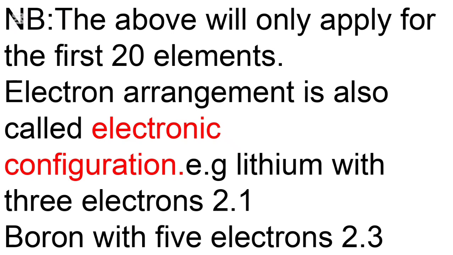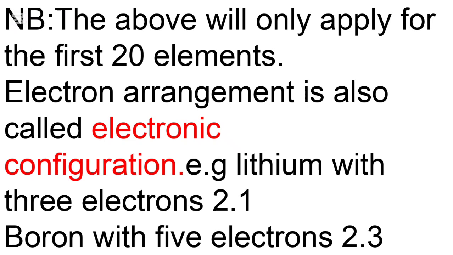So it's only the first 20 elements that obey the rule of the first energy level having a maximum of 2 electrons, the second energy level a maximum of 8 electrons, and the third energy level a maximum of 8 electrons. Electron arrangement is also called electron configuration.